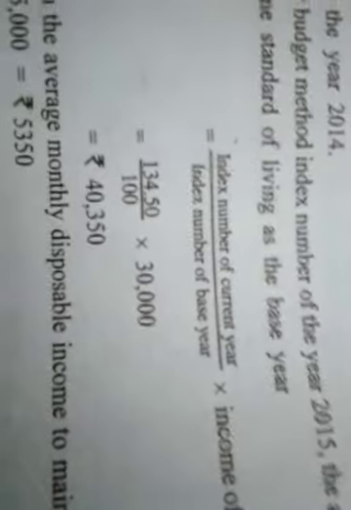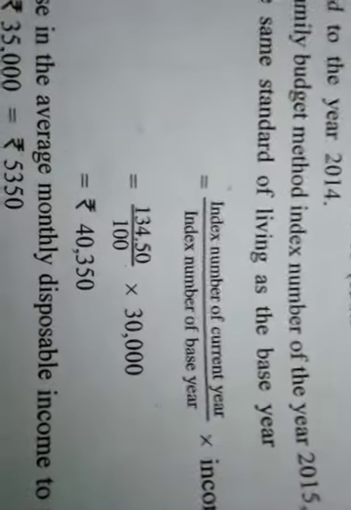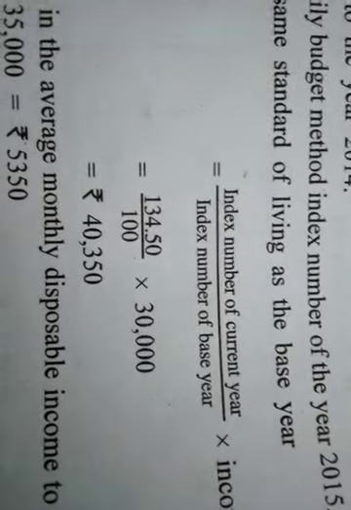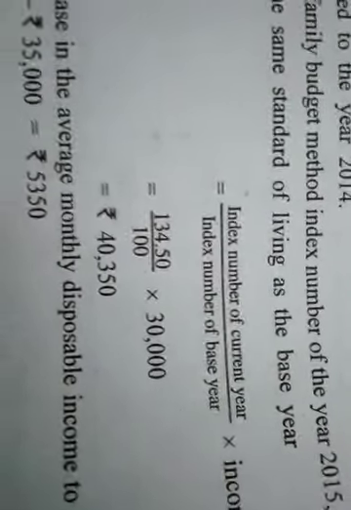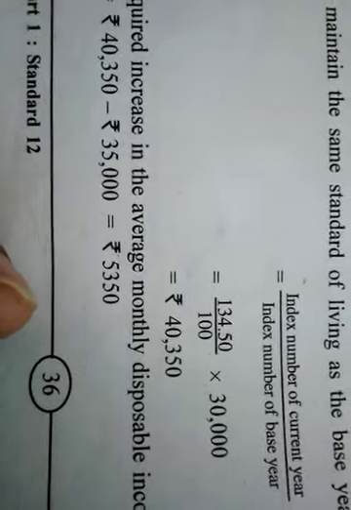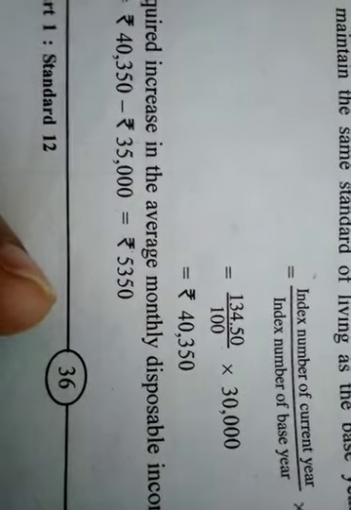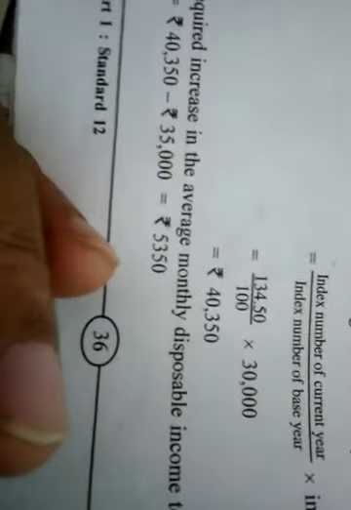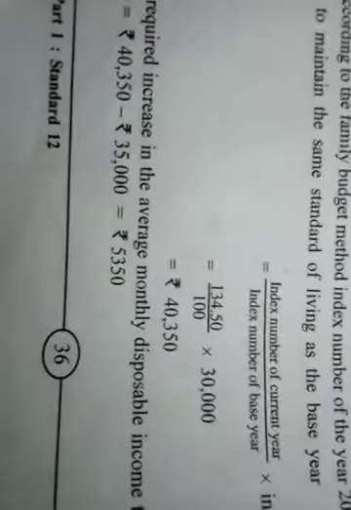That much is required, whereas the family is getting only 35,000 rupees. That is falling short. Subtracting 35,000 from 40,350, we get 5,350, which is the shortfall. So the family needs 5,350 rupees more to maintain the same standard of living.